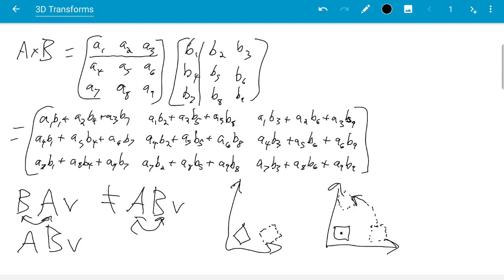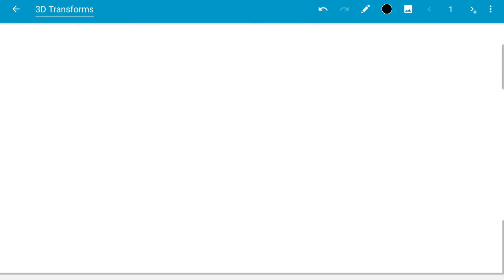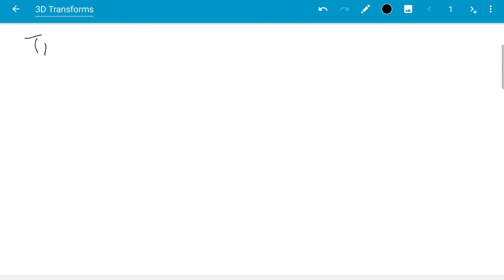Okay, so let's look at our last one. We looked at identity and scaling and rotation. So let's look at translation. Alright, so translation is reasonably simple. We just want to take our vector, right?